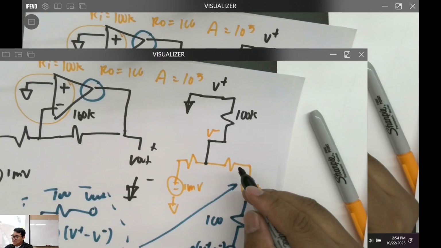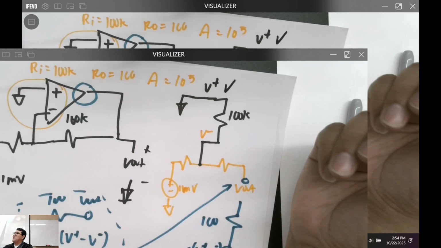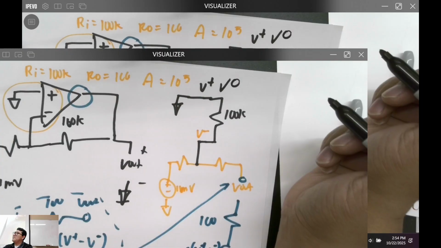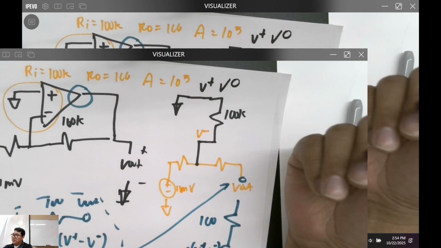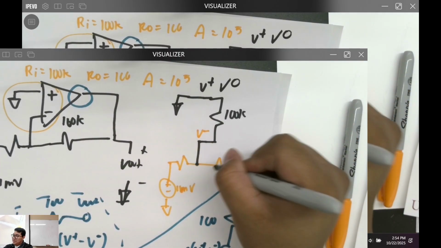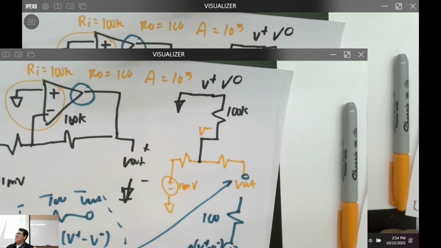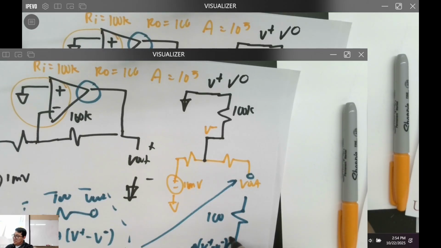Well, let's see. We have this given right here, that's 0 volts, right? Good. Then we have this V minus right there, that's 1 voltage. This is this node, V out. And this right here is also another voltage. Is that good? What's this compute to?